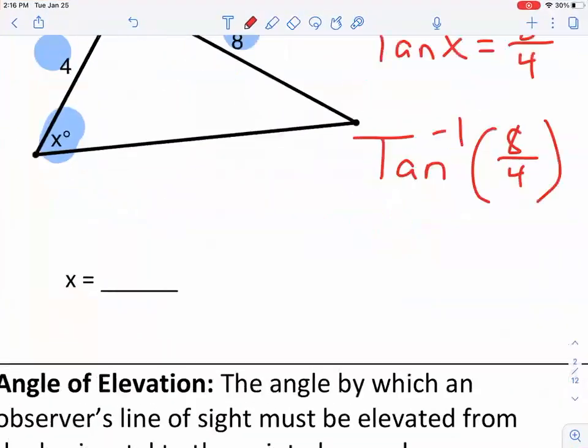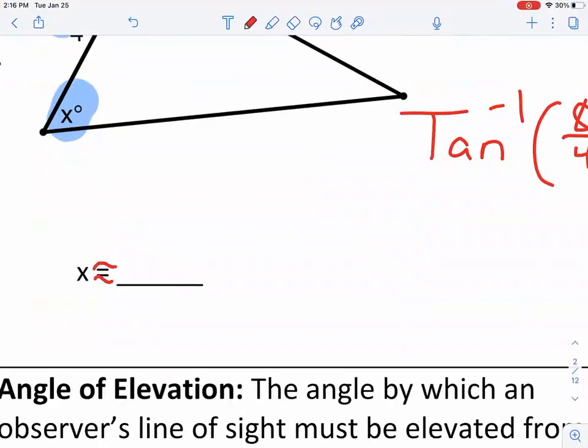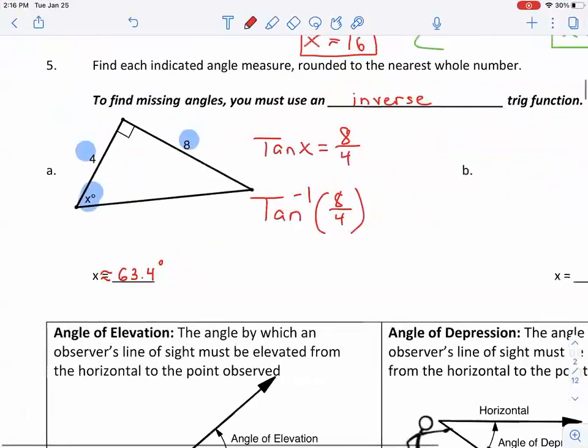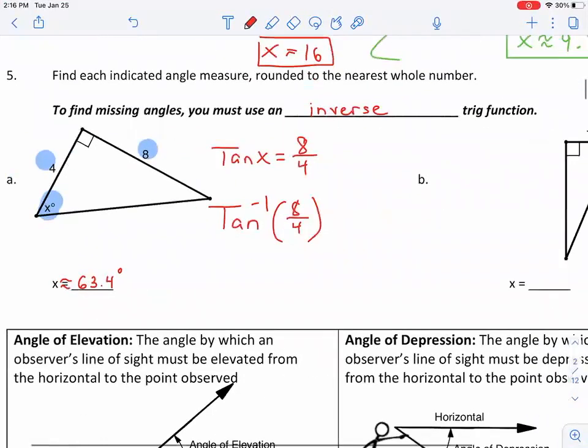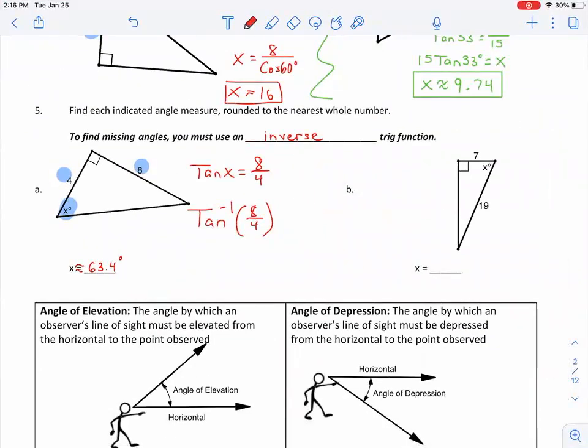So x is, I'm going to change it to about 63.4 degrees. Yeah, don't worry about the equal thing that it spit out in the calculator. We'll get to all that good stuff later. Yeah, Frederick. We will not.